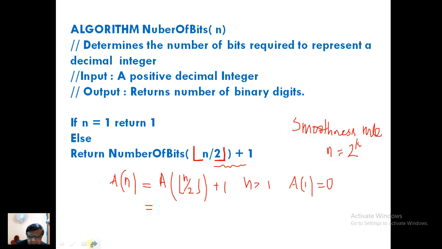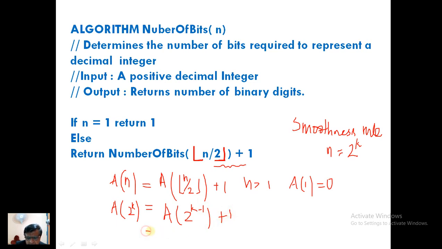So n is expressed as 2 to the power of k. Therefore I will substitute over here: in place of n I will substitute 2 to the power of k, and here it is a of 2 to the power of k minus 1, plus 1.